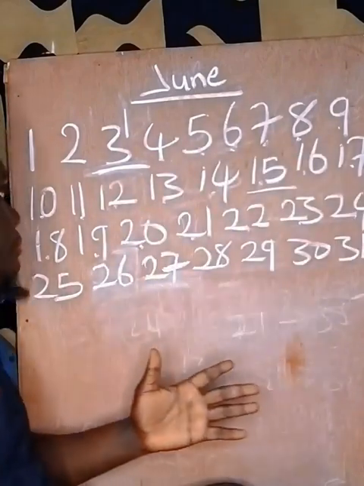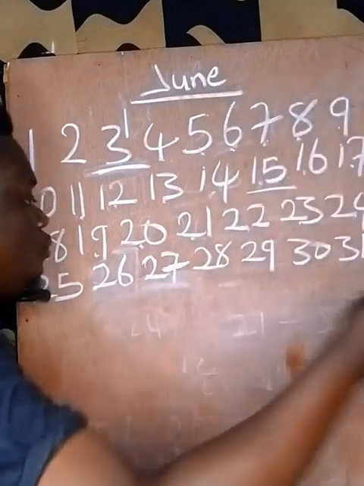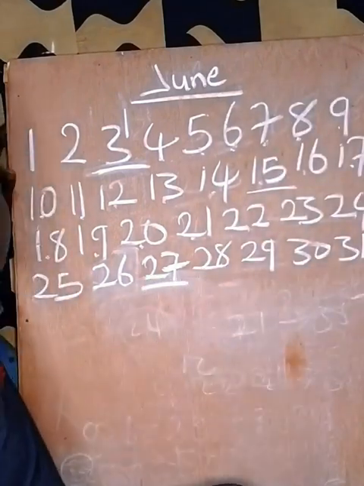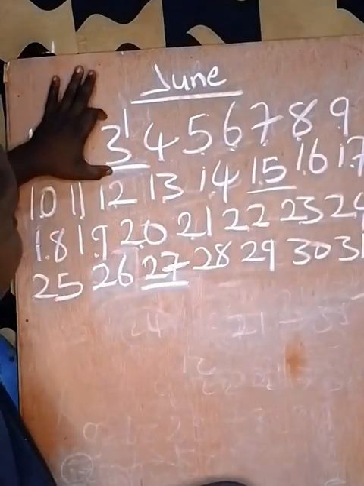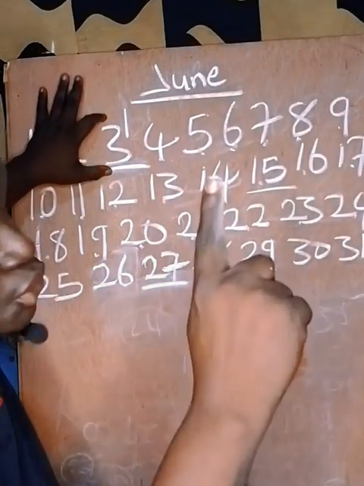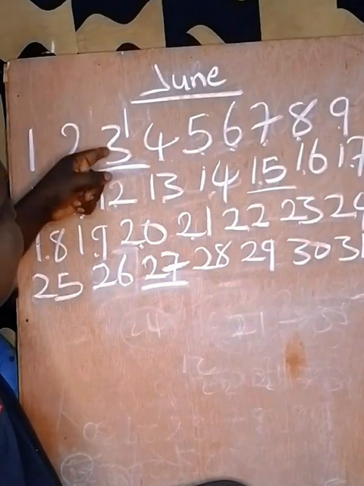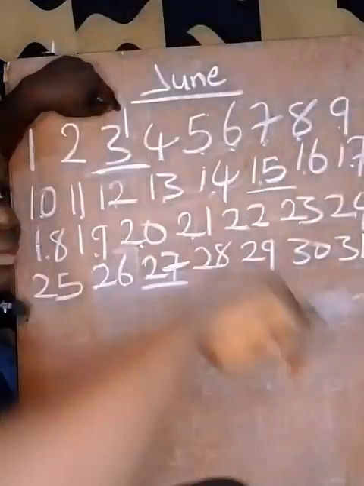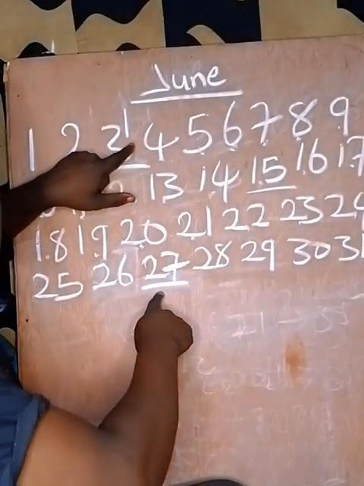Then let's say, for example, this same person saw her next menstrual flow on the 27th of that same month, June. The first time she saw it was on the 3rd of June, which means she tagged that first day her day 1, and the next time she saw it again was on the 27th. Then you start from that day 1 to count.